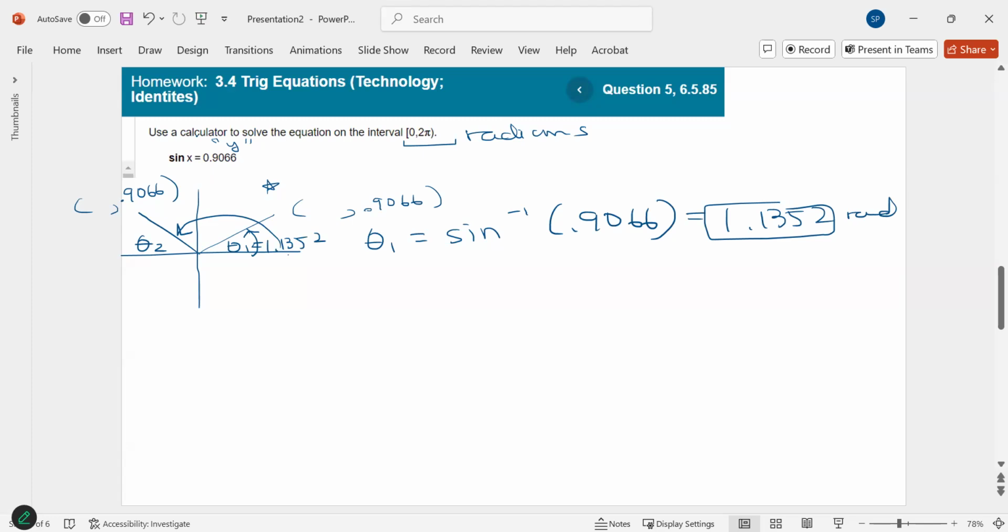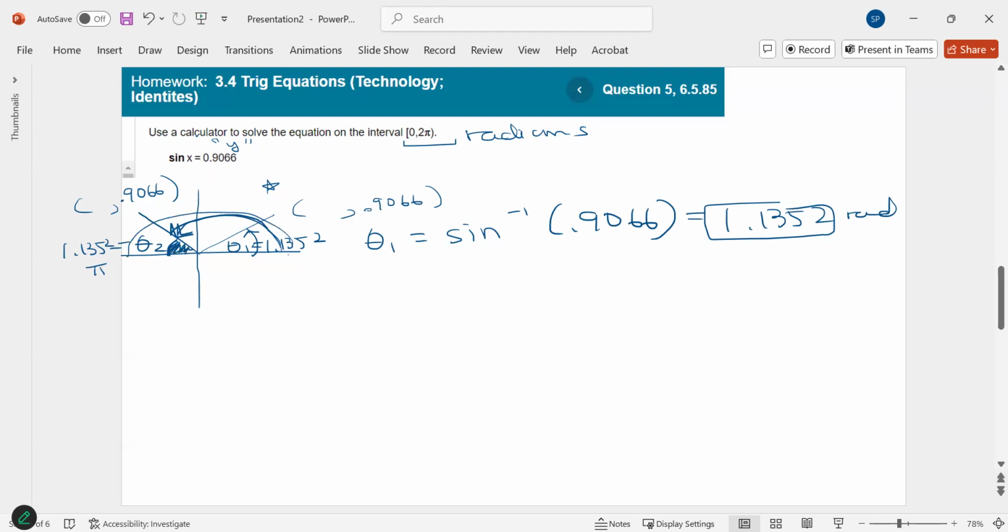Okay, so I know the reference angle, this one, is also 1.1352. But we want to know from 0 to that terminal side. And so what we can do is we want to take this angle out by subtracting it from pi, because halfway around the circle is pi.